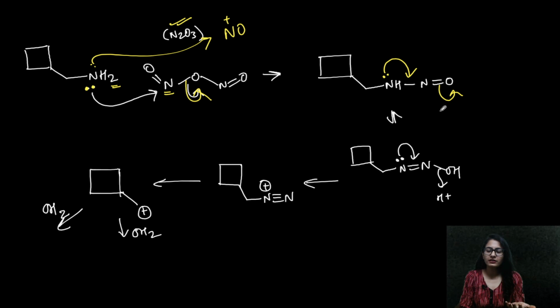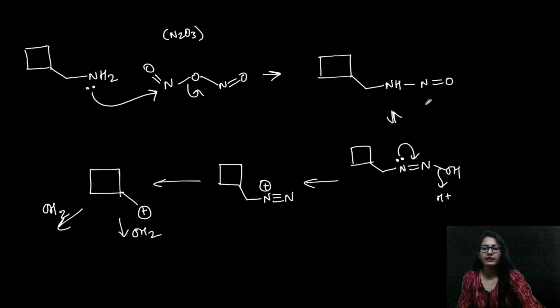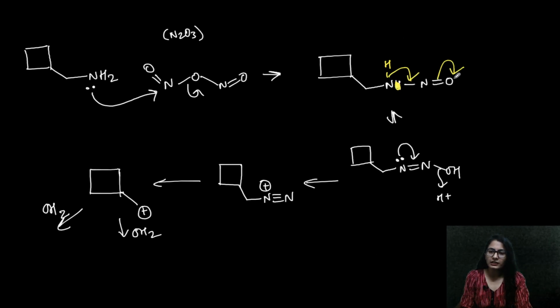You can just write it like this also, or you can understand that this is the nitroso form. Just like that, it's going to be tautomerism, that the hydrogen over here which is present can be transferred to the oxygen outside, and it is going to be the oxime like linkage.